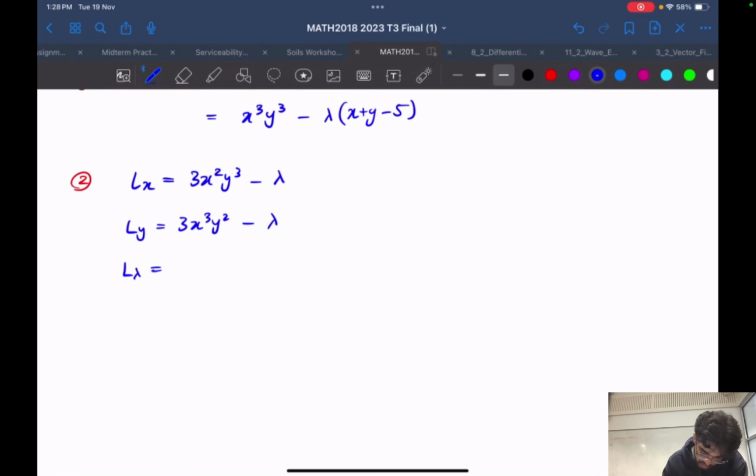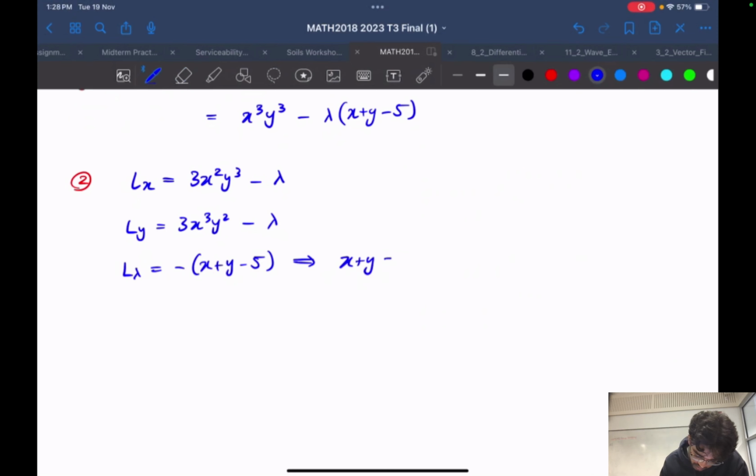L lambda is equal to minus x plus y minus 5. So pretty much gives us g of x y is equal to 0. That just really doesn't prove anything, but we're going to need to use it later on to find our values for x and y. I'll say that x plus y is equal to 5.